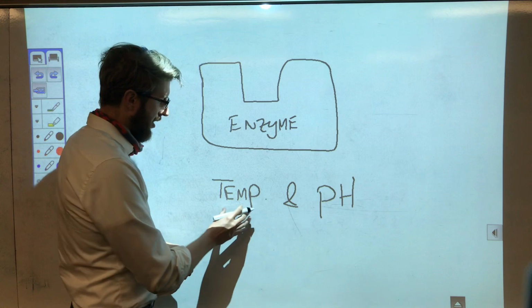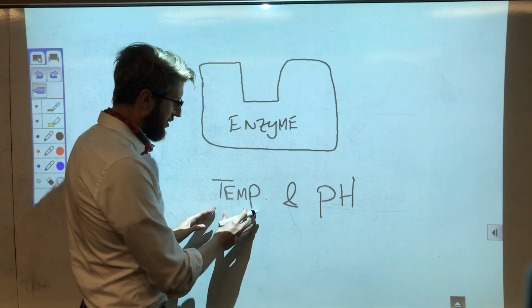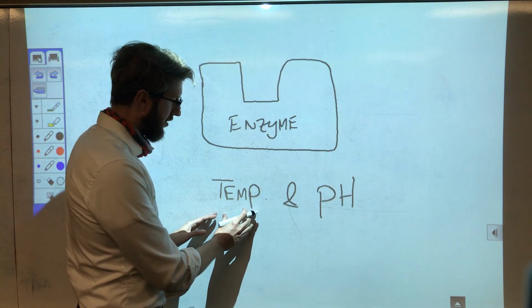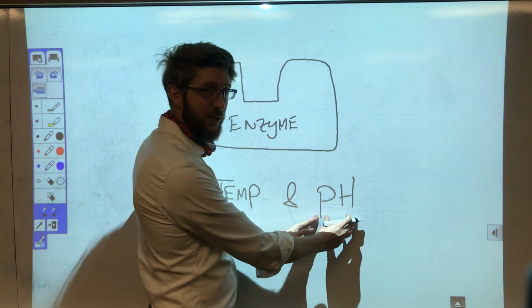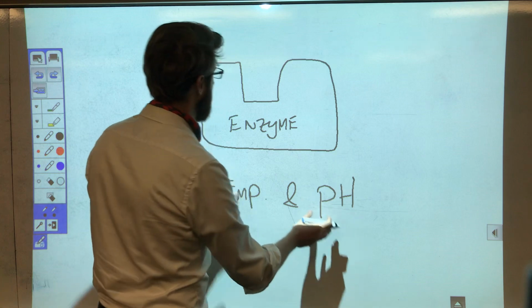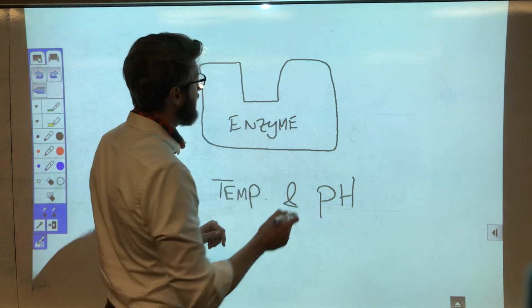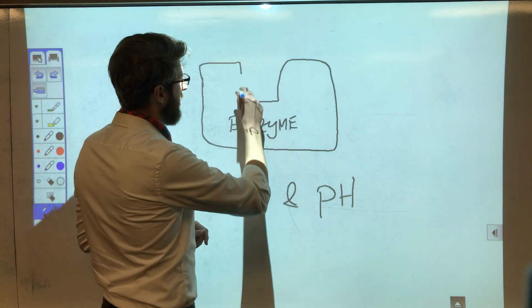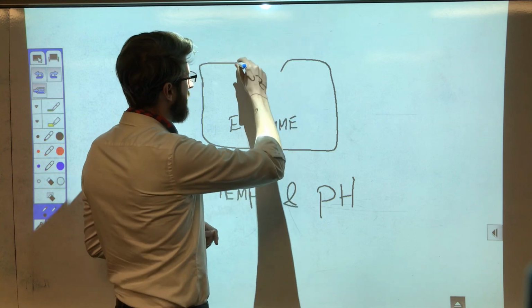Okay? So, if your body gets too hot or cold, or if the pH gets too high or low, too acidic or too basic, this enzyme can actually change shape.